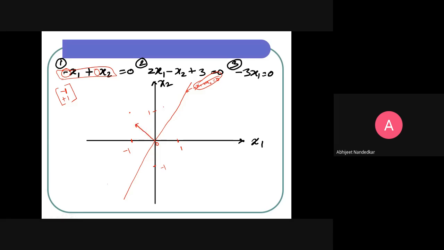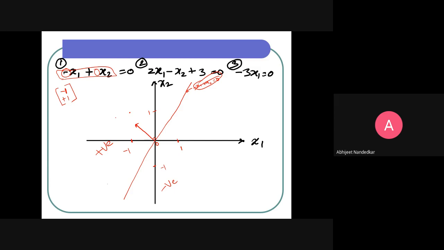So this direction is actually perpendicular to the line. So with -1 and +1, this side of the line is positive and this side of the line is negative. You can check for any point above this line and put that value here.